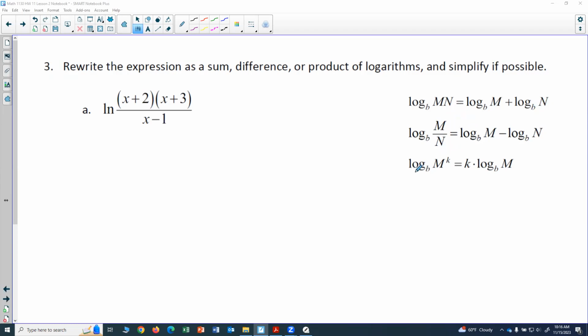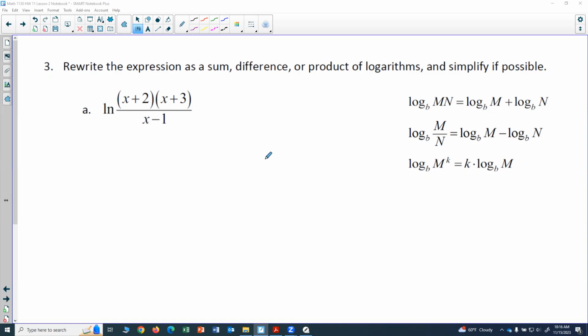And the third property is log base b of m to the k equals k times log base b of m. So if you have an exponent on the argument, the expression that's plugged into log, then that exponent can drop down in front and just leave you with the base inside of the log.